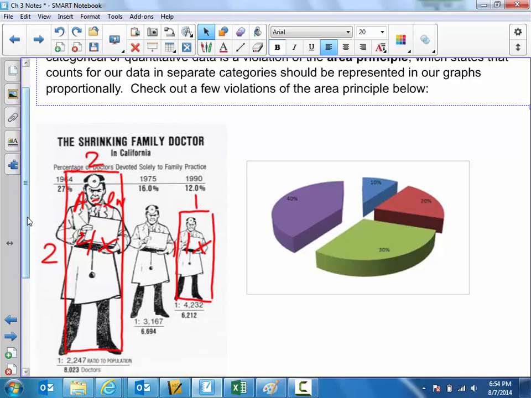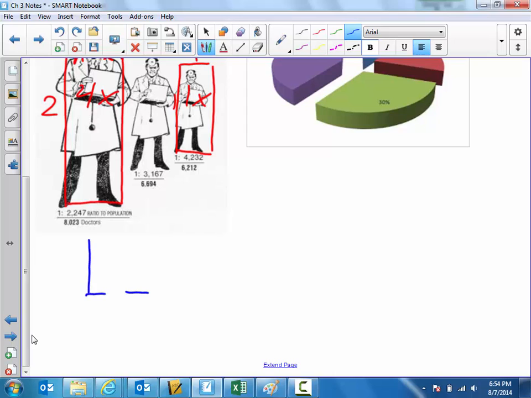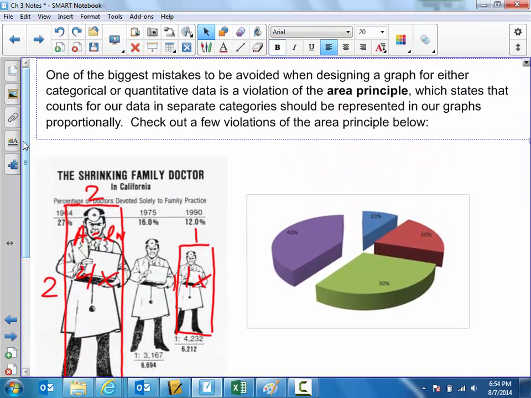So don't fool the eyes when you make these graphs and displays. If you want to express that, and I'm rounding here, that 27% is about twice as much as 12%, a correct way would be, if you wanted to make bars, to make 2 bars that have the same width, one being about twice as tall as the other. And then it's not confusing to the eyes.